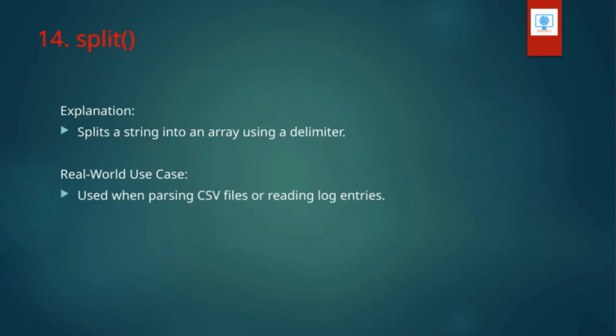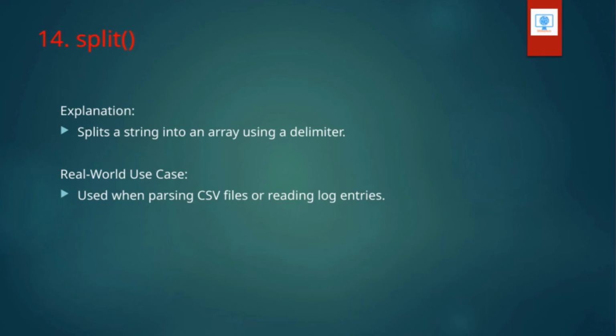So on this slide, we're talking about the split function. Essentially, it takes a string and divides it into an array of smaller strings or substrings by using a specific delimiter. Think of it like slicing up a sentence into individual words or segments based on a character or set of characters you choose. This is really useful in many real-world scenarios. For example, when you're parsing CSV files, which are just comma-separated values, or when you're reading log entries that are separated by spaces or other delimiters.